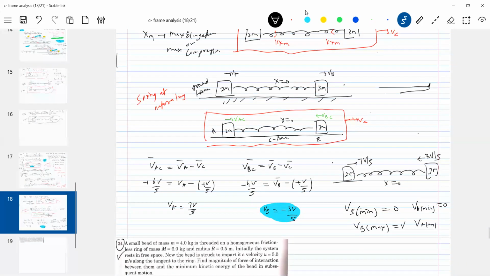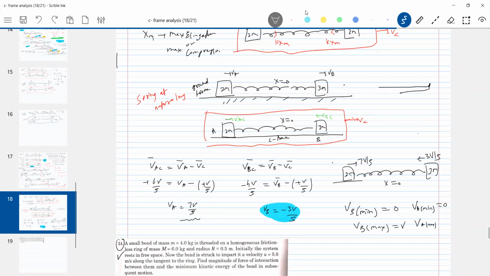Or else check anywhere if it is greater than that one. So we have here VA 7V by 5. 7V by 5 greater than V or less than V? Greater than V, sir. So we can't say V, no? So we have to check it further anywhere. Is it greater than V? I think we don't have any formula to tell anything directly here. We have to analyze here.